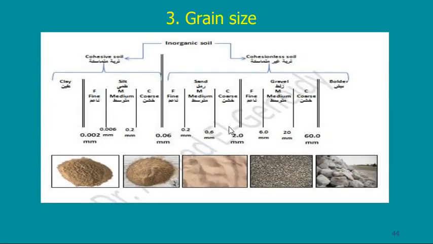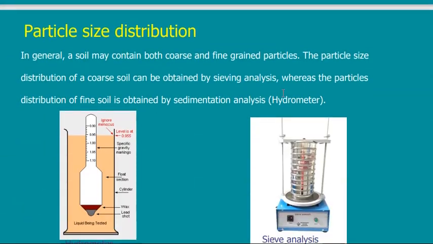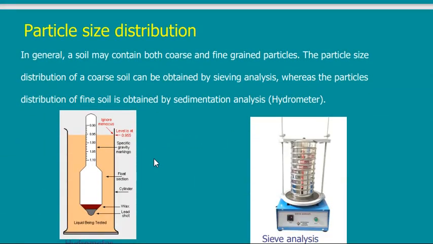Sieve number 200 is the sieve separating between the fines, the silt and clay, and the sand and gravel. So once I reach sieve number 200, I can transfer to another way of testing the material.